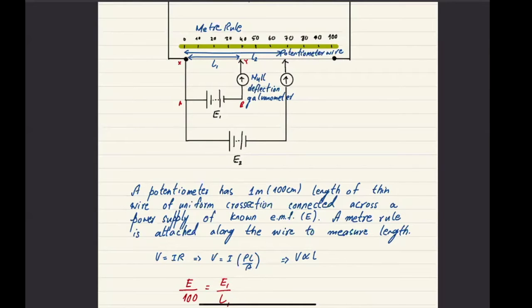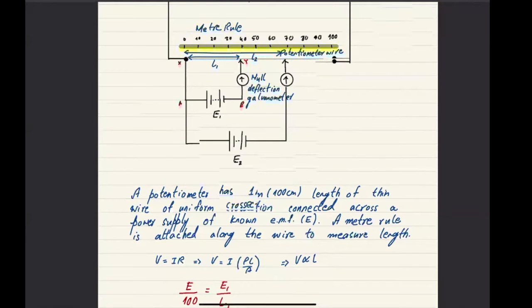So I can come to a conclusion that voltage is directly proportional to length. And that's the most important point of this entire concept of potentiometer. So the voltage is proportional to length, hence the entire voltage is divided along the length of the wire proportionately.